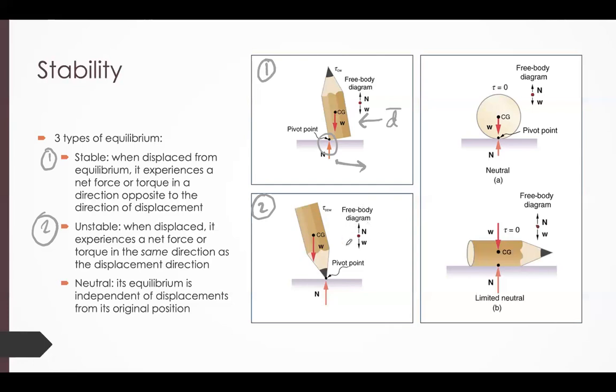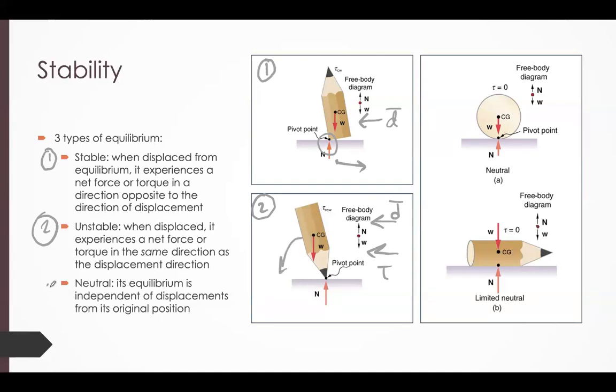When we have some displacement vector, like so, it experiences a net force or torque in the same direction. So then we've got some kind of torque moving in that same direction as the displacement. And so then it will eventually topple over.